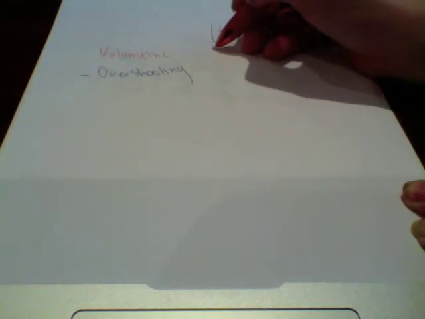Okay, volumetric analysis. Obviously, overshooting. If you're doing a regular volumetric analysis, let's say we've got our known in our burette, and in our conical flask we have our unknown.